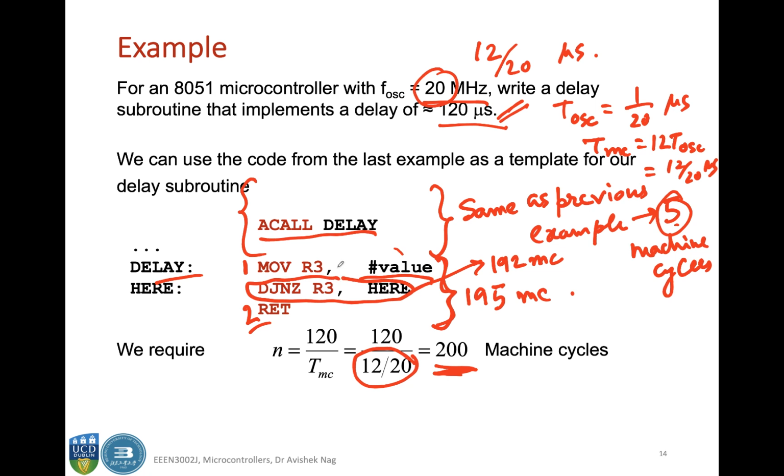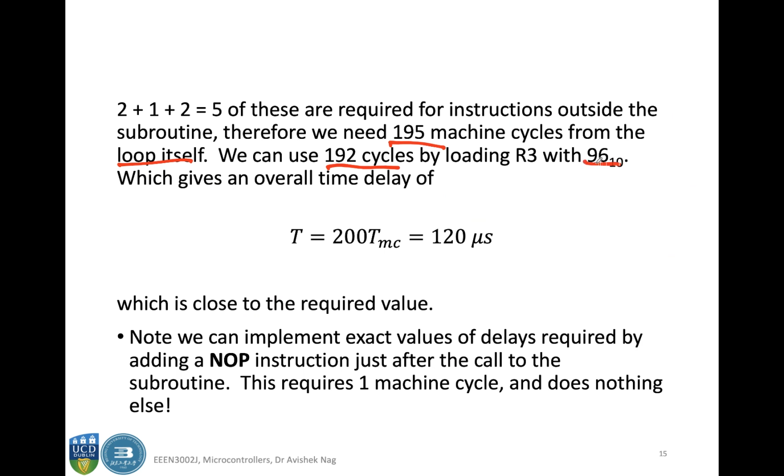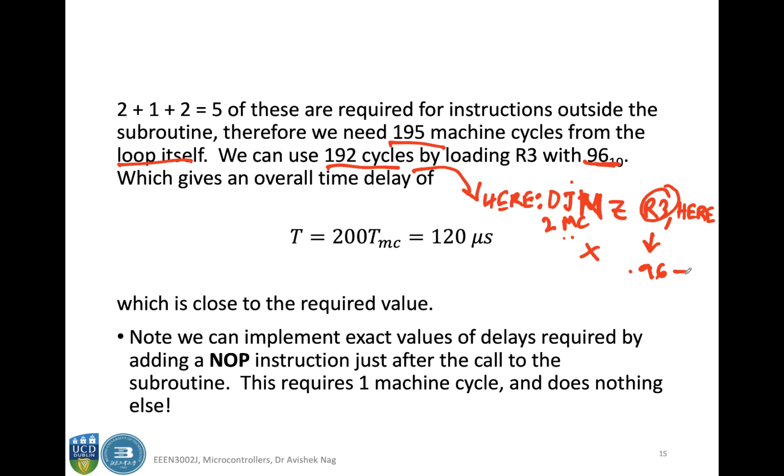So that means your R3 should be loaded with 96, so that when you do DJNZ R3 here, where it loops on the same line, then if you want to have 192 cycles out of this instruction, and DJNZ being 2 machine cycles, you have to load R3 with the decimal number 96, so that the multiplication of these two, 2 and 96, becomes 192.